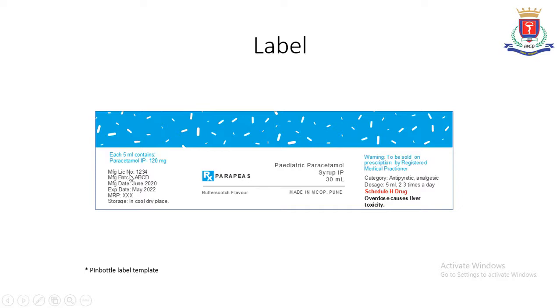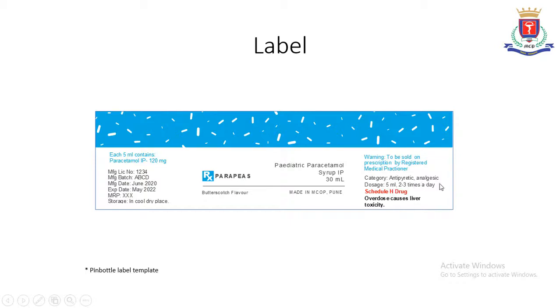Then you have to mention the manufacturing batch number, batch license number, manufacturing date, expiry date, MRP and storage condition. Warning is important: since paracetamol is a Schedule H drug, you have to mention over here that it is to be sold on prescription by a registered medical practitioner.